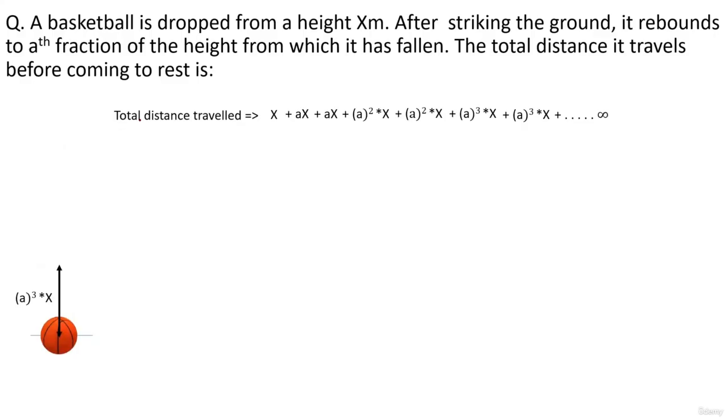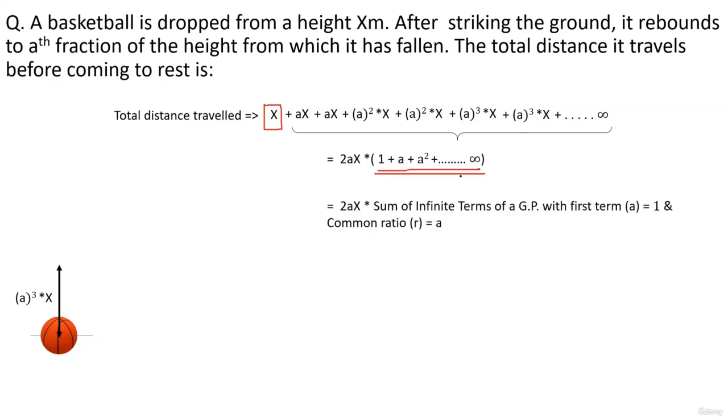So now what we have here is, अगर हम guys ये x को फिलहाल अलग कर दें, if we just simply ignore the x for the time being, look at the remaining terms. The remaining terms can be added to give you 2ax common from all of these into 1 plus a square up to infinity. This guys is nothing but an infinite geometric progression, right? This is the sum of an infinite GP, right?